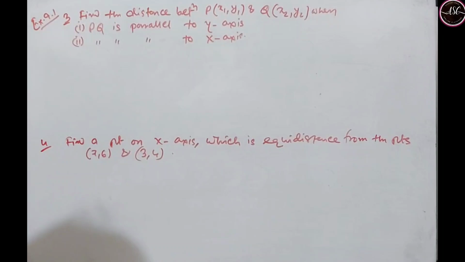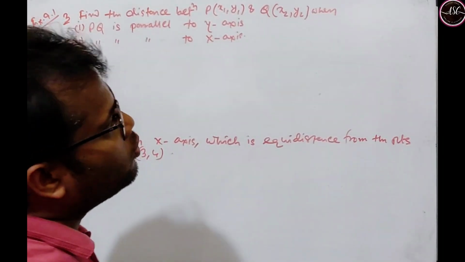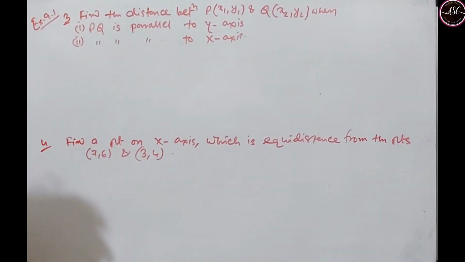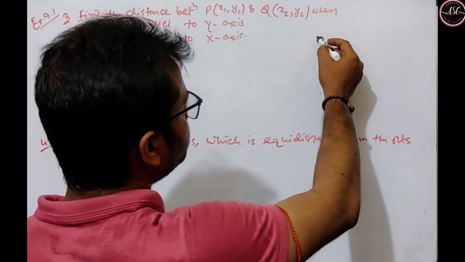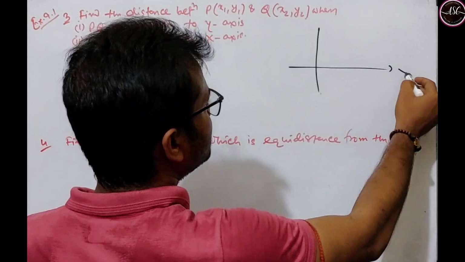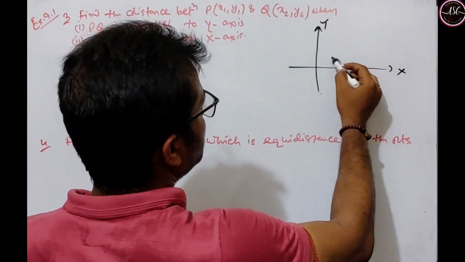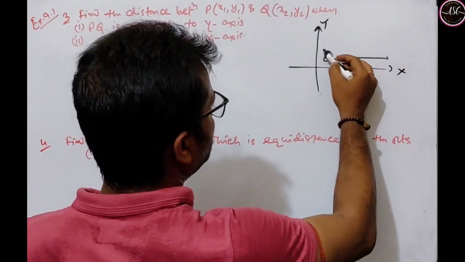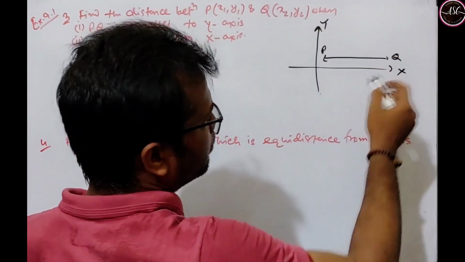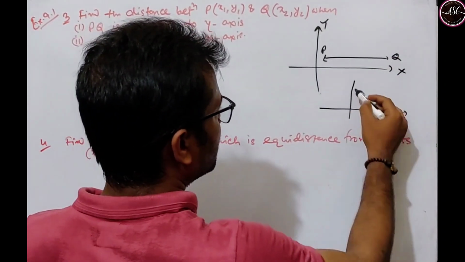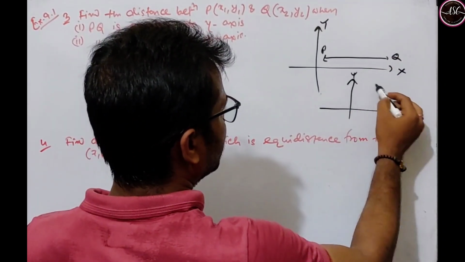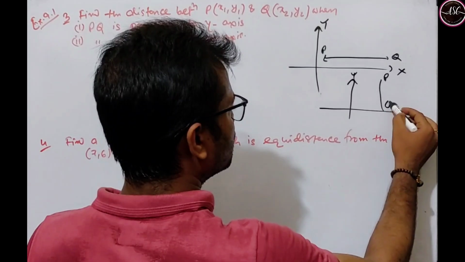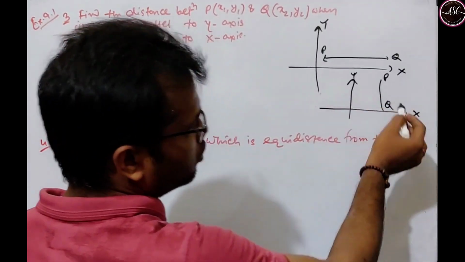Find the distance between P (x1, y1) and Q (x2, y2) when PQ is parallel to the y axis and when PQ is parallel to the x axis. Just look, let this be x, this be y, and here PQ when PQ is parallel to the x axis, and here x y, and just see this is PQ when PQ is parallel to the y axis.